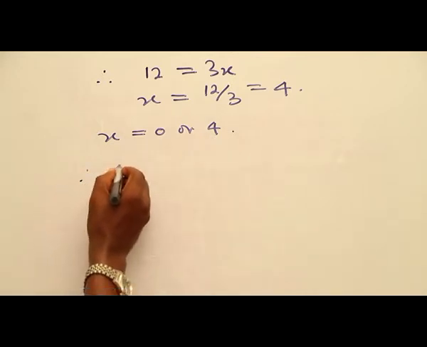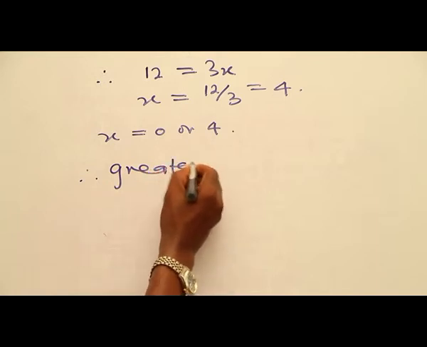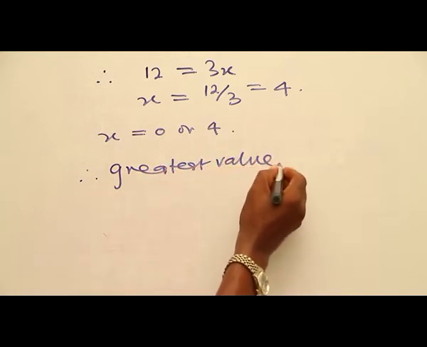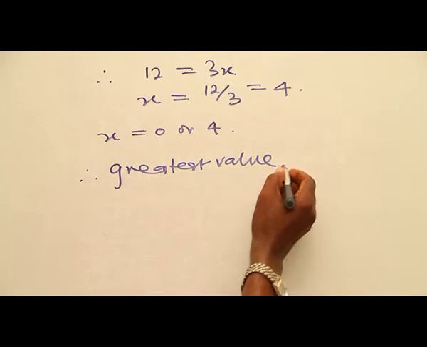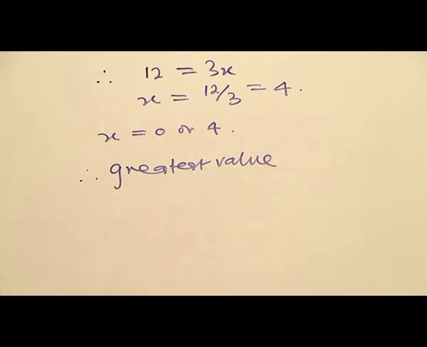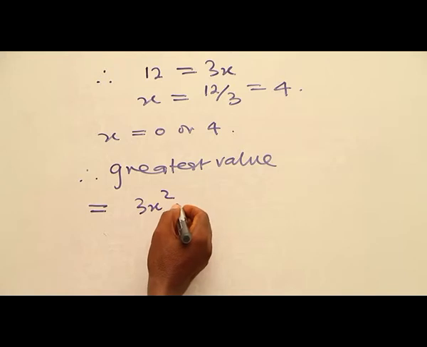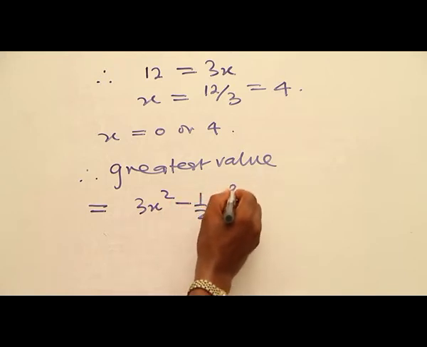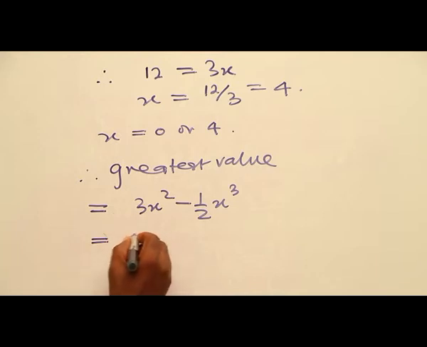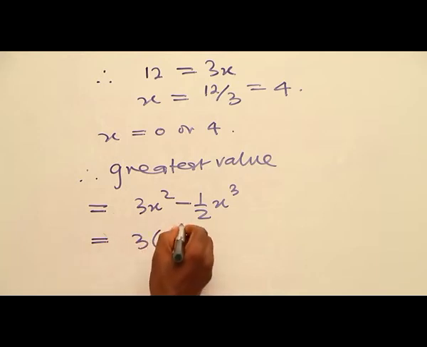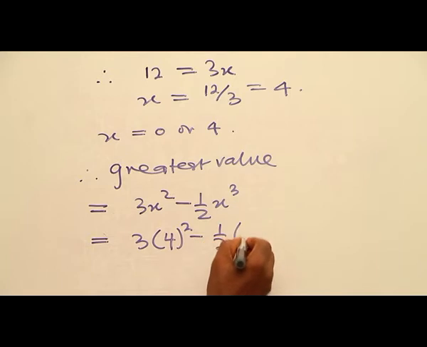Therefore, for the greatest value, we substitute x equal to 4 in the given expression, 3x squared minus half x cubed, which is 3 times 4 squared minus half times 4 cubed.